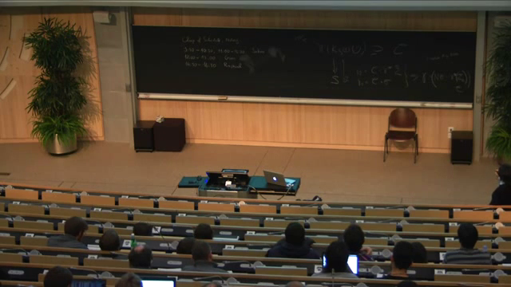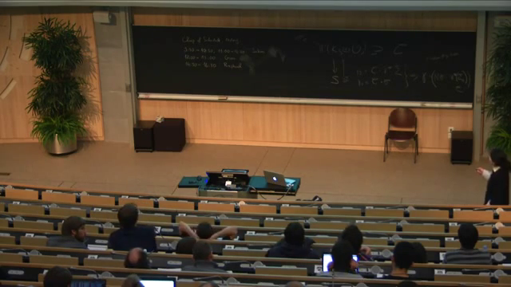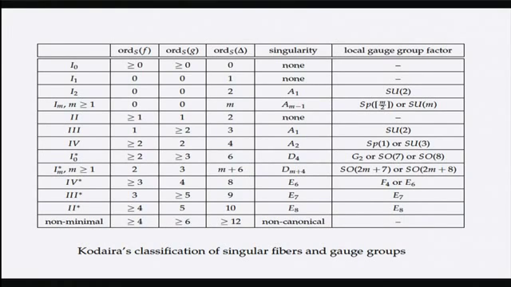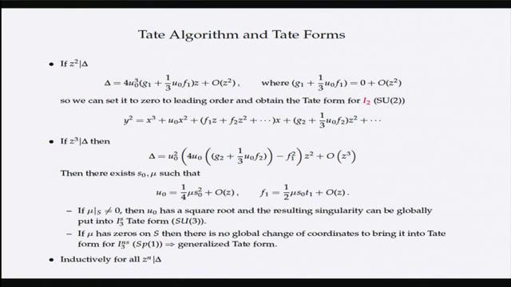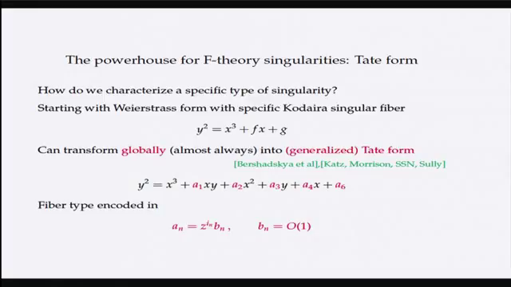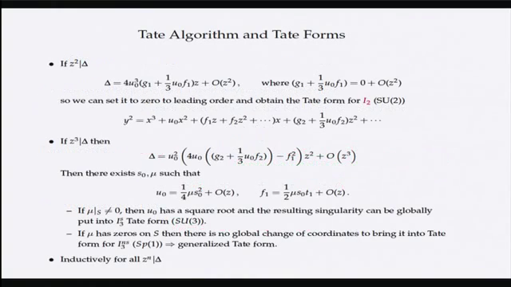If you remember, these two up here on the same level in this Kodaira classification at rank 2. But there's actually no shift of the coordinates so that you can bring it into a global Tate form that looks like this equation here, with the vanishing orders that are prescribed in the Tate form. So here, there's only a local shift of coordinates where you can bring it into the Tate form.